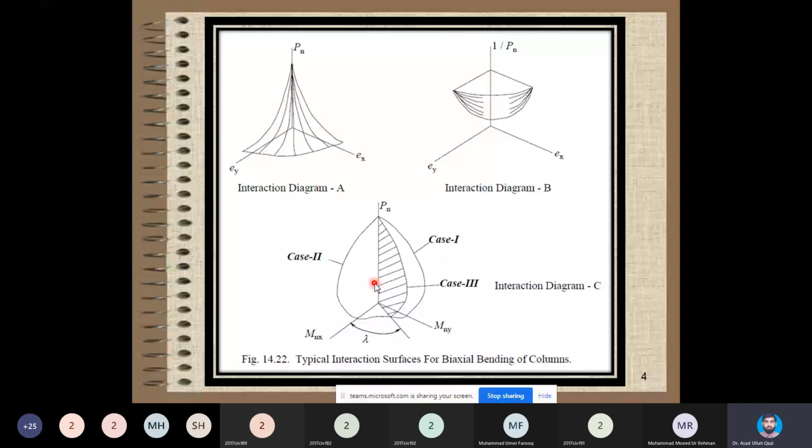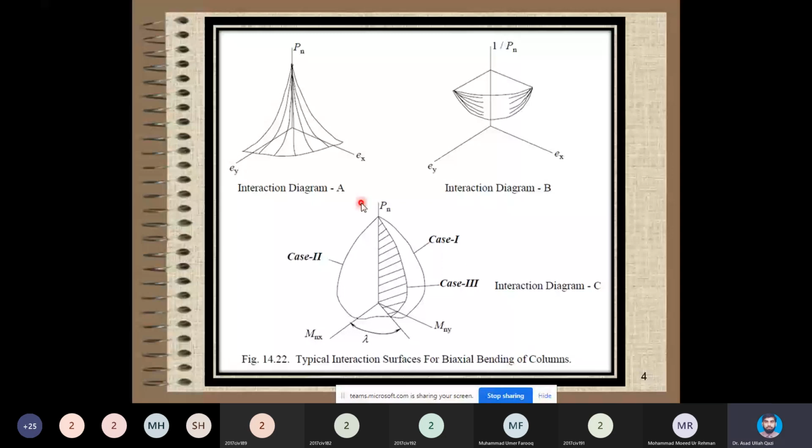For example, if I quote an example, this picture is drawn for a column in which steel is uniformly placed on four edges, and this picture represents a column reinforcement ratio of 1%. So this one surface will represent the 1% reinforcement ratio surface.